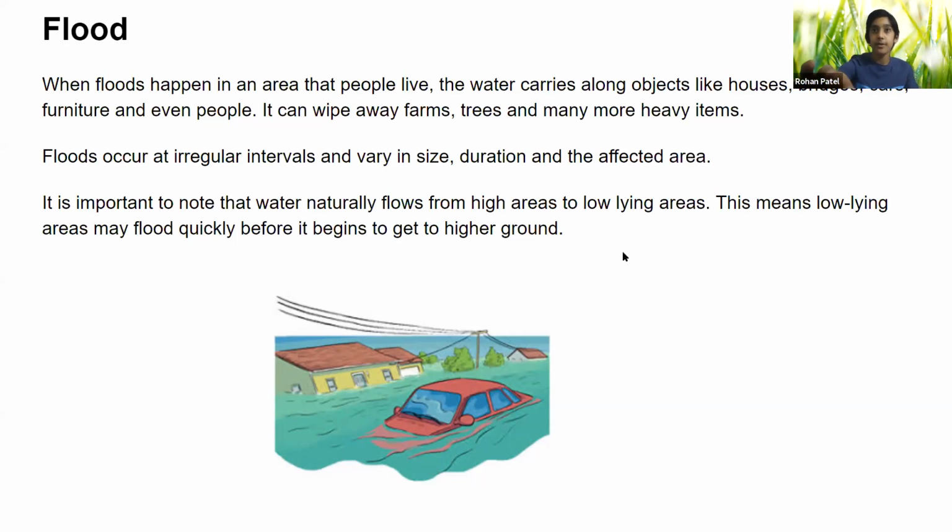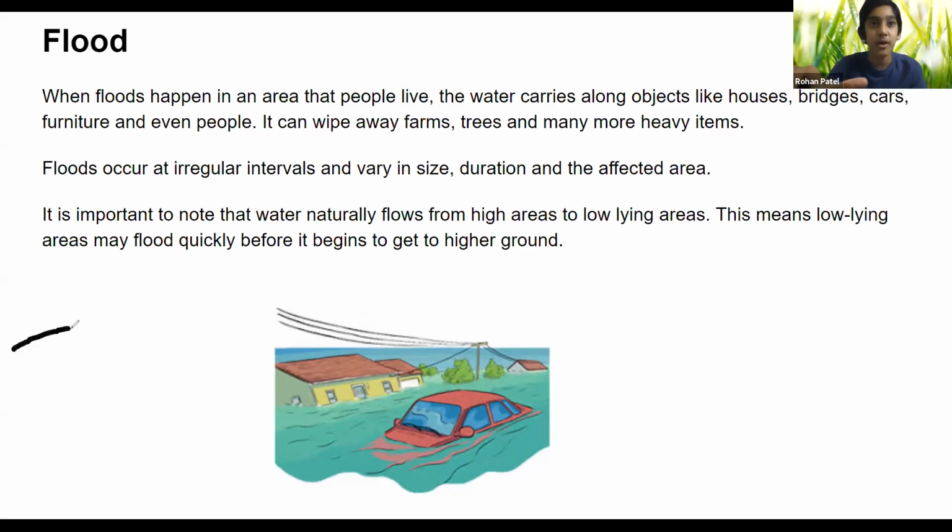Okay, so I think that's pretty clear, but for those who don't understand, let's say we have this hill and we have the slope and we have a bunch of houses here, and over here we have a big lake, for example, okay? And we also have our ocean over here.